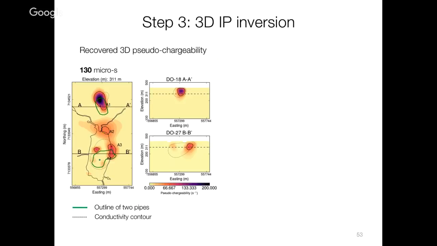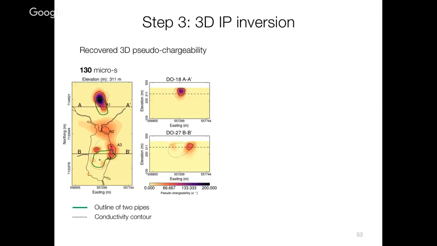So we take that inversion at 130 microseconds. We take the data, we invert that, and look what we see. So here's A1. So that's at DO18. There's something really chargeable there, and here, and here. So A1, A2, A3.